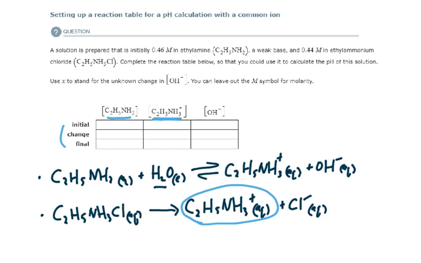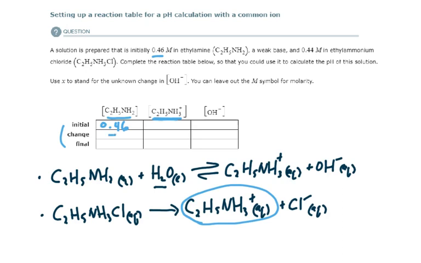So let's fill this table out from the beginning. Let's check first our initial concentration of our weak base. Well, that's given here in the problem. It is 0.46 molar. So that is the initial concentration. Okay. The change in concentration, well, as this reaction here proceeds, the concentration of this is going to decrease to some small extent.